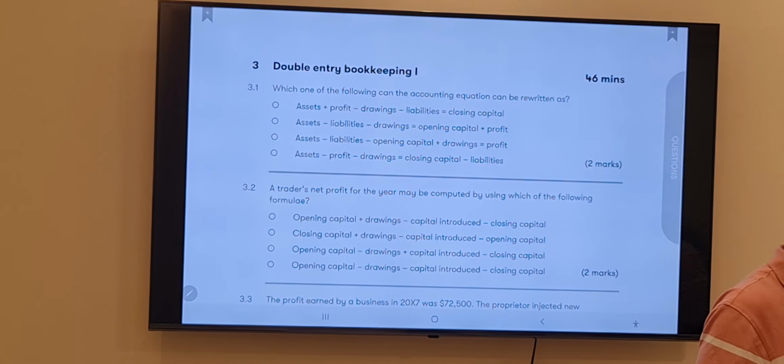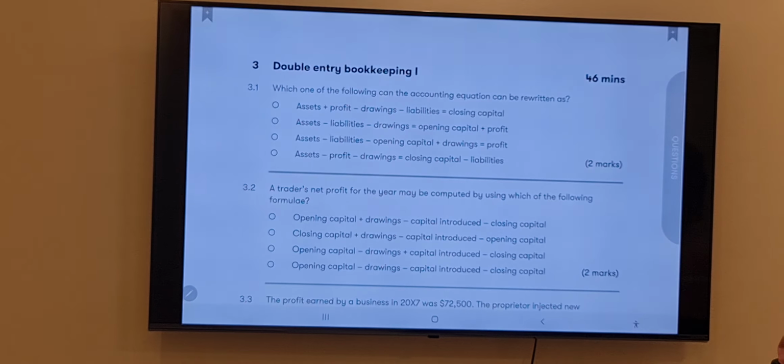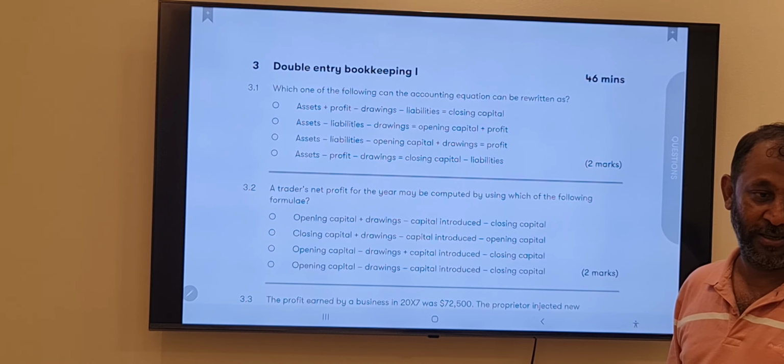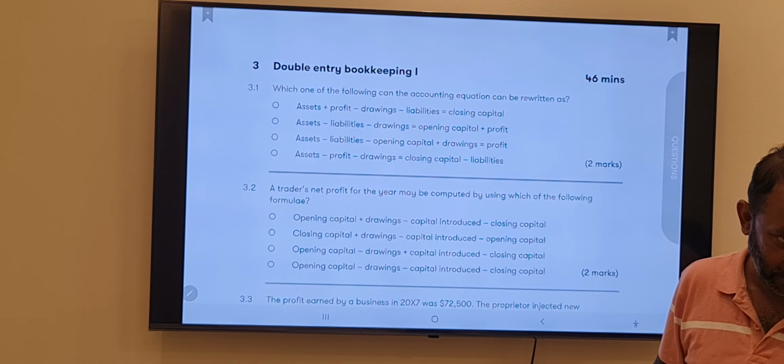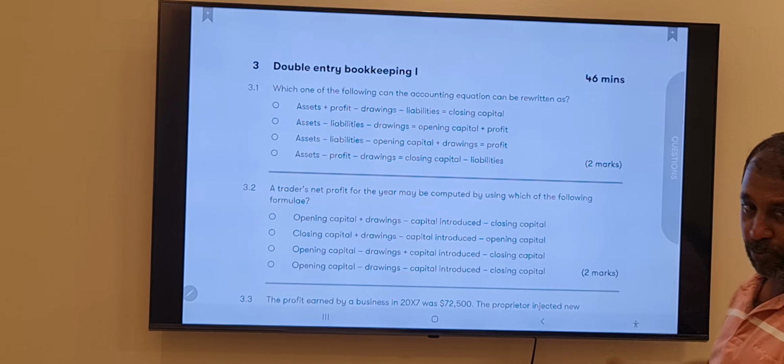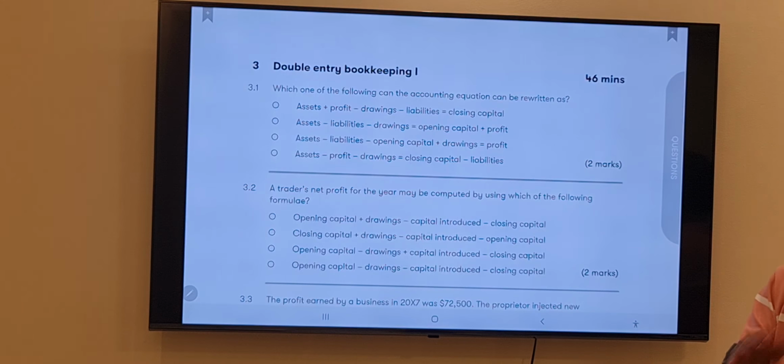What's meaning 2 marks? You have to select 2? No, Habibi. If you answer correctly, you get 2 marks. So total 100 marks in the exam. Every single question you are right, you are putting 2 marks into your bag. And you need minimum 50 marks in the bag to pass.